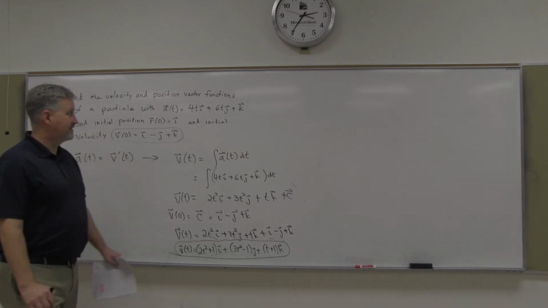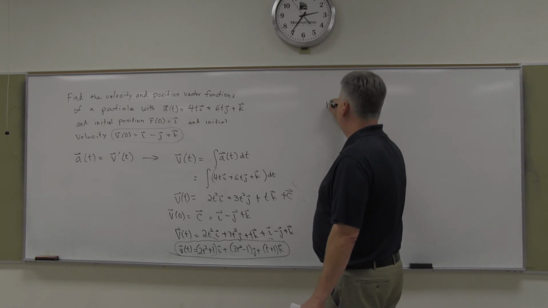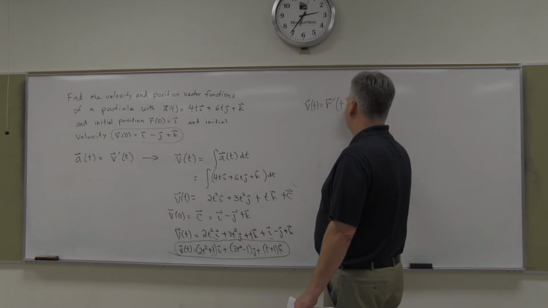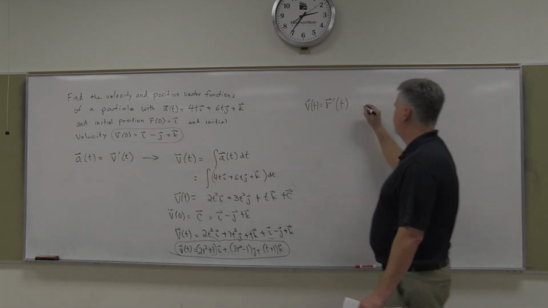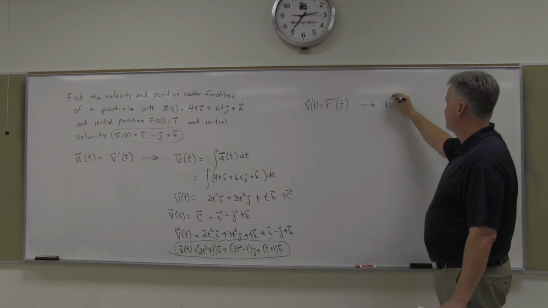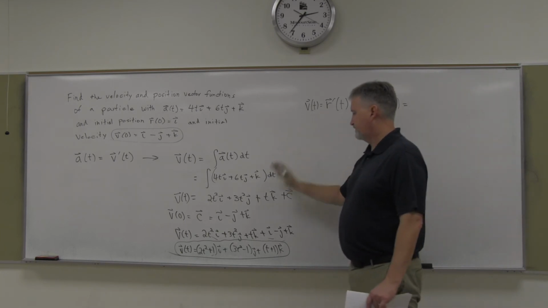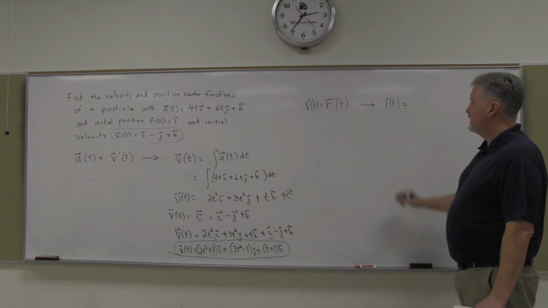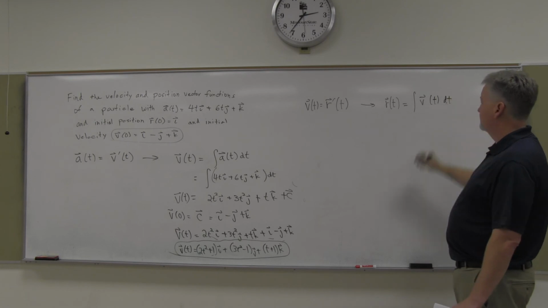Now I need the position vector function. Well, I know that v of t equals r prime of t. So following the same logic here, to get r of t, if I know the velocity function, r of t would be the integral of v of t, wouldn't it?